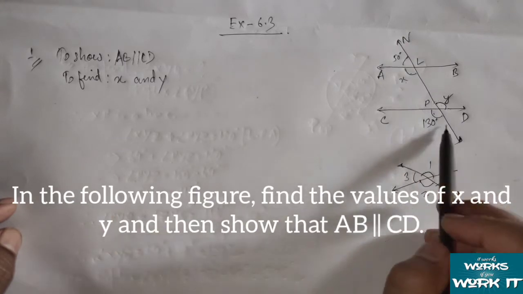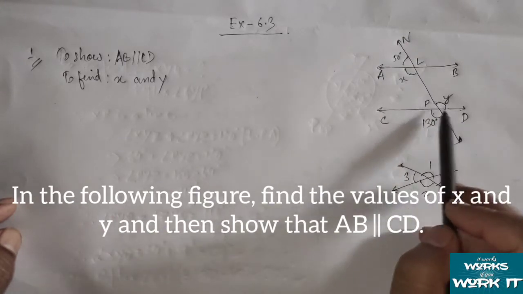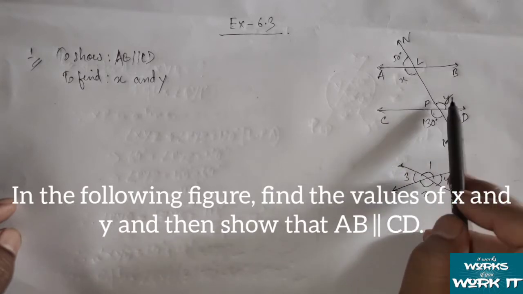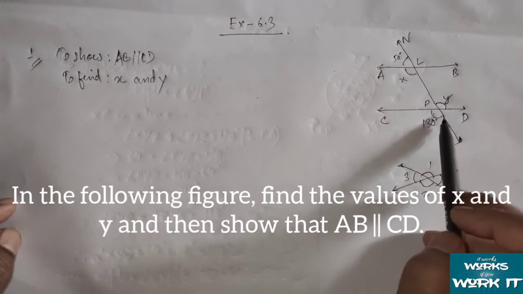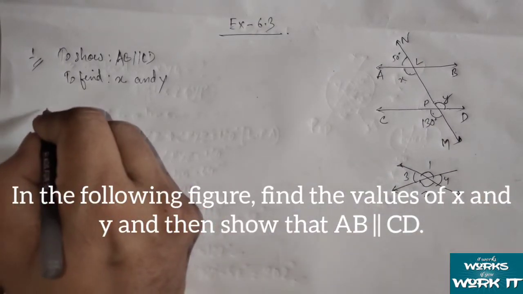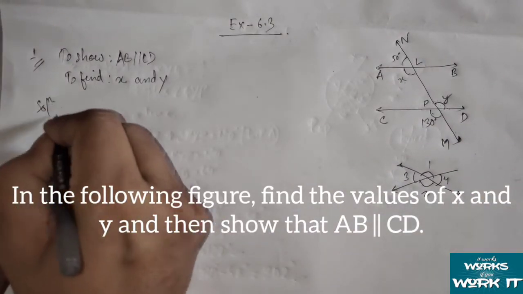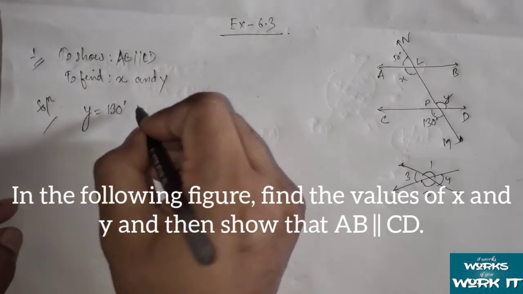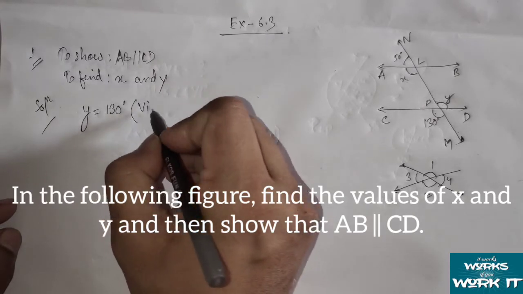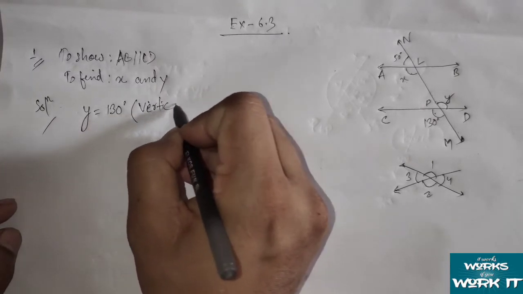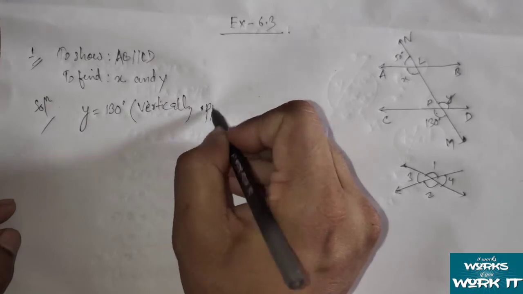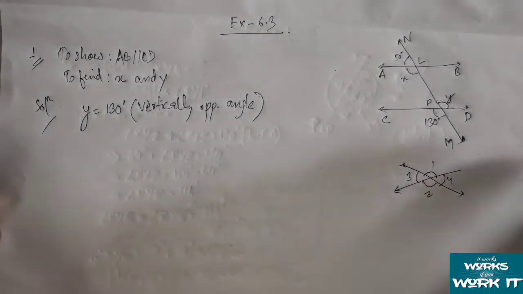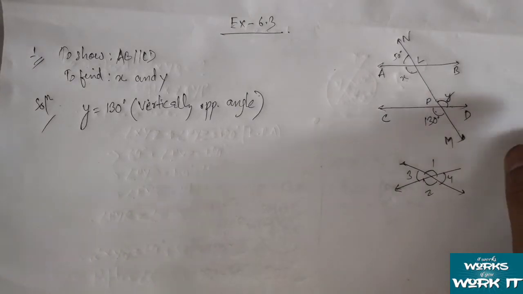So here also, these are two lines and they are intersecting each other. So this angle 130 degrees and this one, y, will be equal. So directly I can write here y will be equal to 130 degrees. Why? Because they are vertically opposite angles. In a very short form, we will try to show the solution.